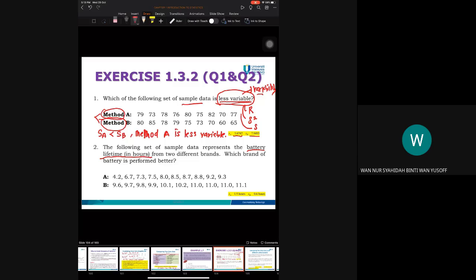So we have two brands. Which brand of battery performs better? We need to know which one is the better one. What measure can we use here? The keyword is performs better. What can we discuss here to know which one performs better?